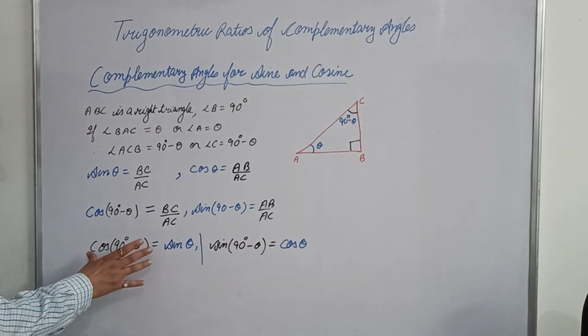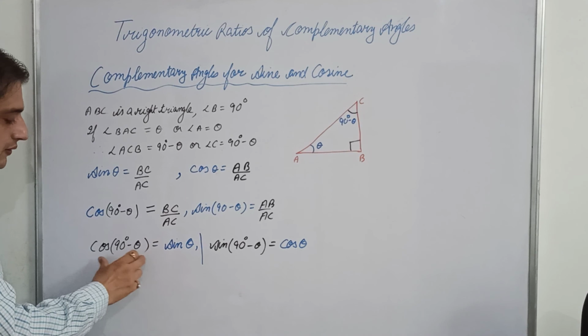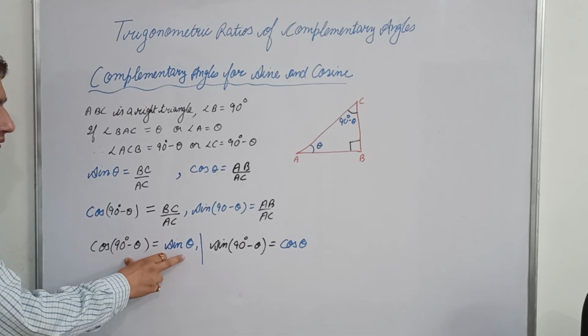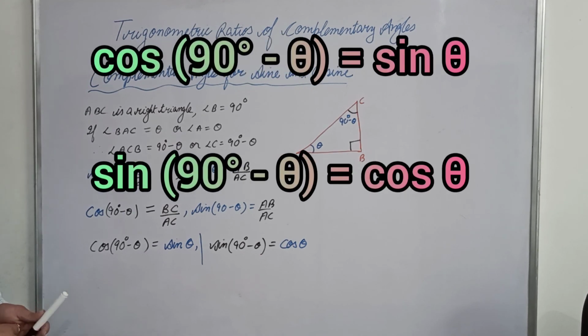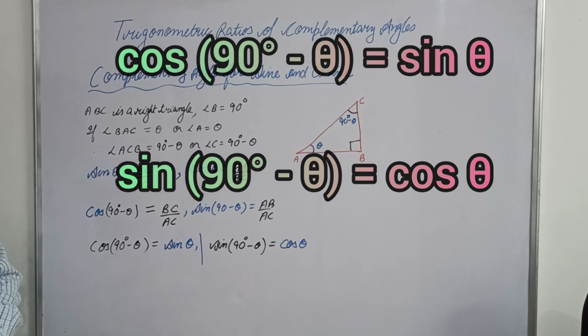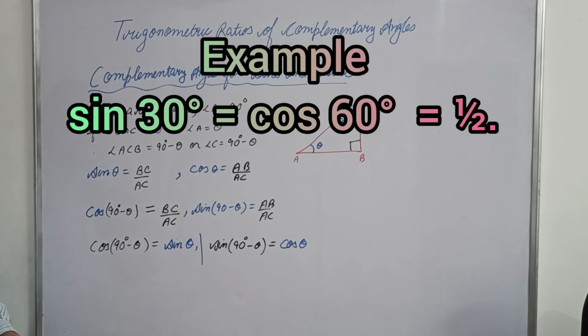You will use these expressions in questions on solving expressions involving complementary angles. So these are the T ratios of complementary angles for sine and cosine.